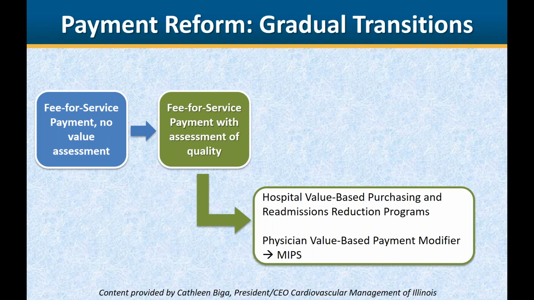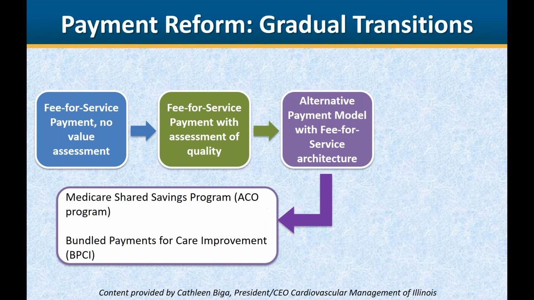We then kind of said, well, we'll do fee-for-service, but now we're going to start doing assessment of quality. And from there, we said, well, now we're going to bring in these alternate payment models, but that fee-for-service is so well established. We're going to keep that architecture, but we're going to start on the alternate payment models, and now you get into the alphabet soup with the accountable care organizations, ACO, the bundled payments, et cetera.